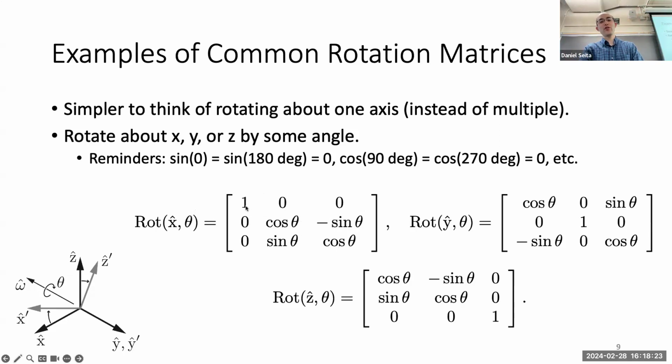You just change where the 1 is located, and the rows and columns that don't have that 1 are the remainder, where you put your cosine and sine. So whenever you're talking about rotating about one axis, you can refer back to this.